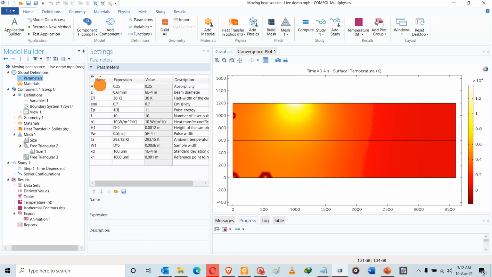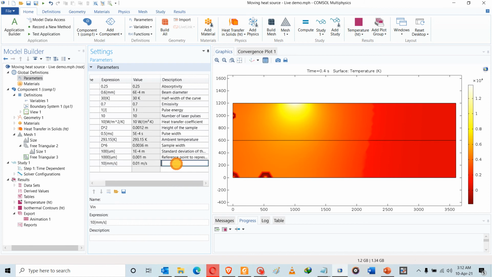What we did not include here is the laser scanning speed. In this article that we're looking at, the scanning speed is 10 millimeters per second. So, laser scan speed.